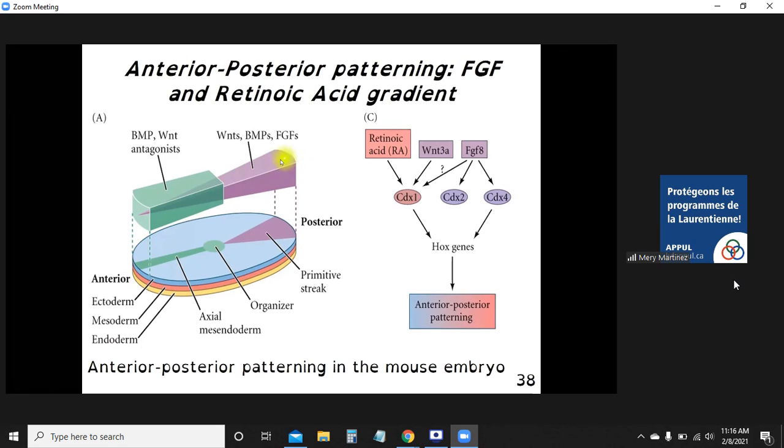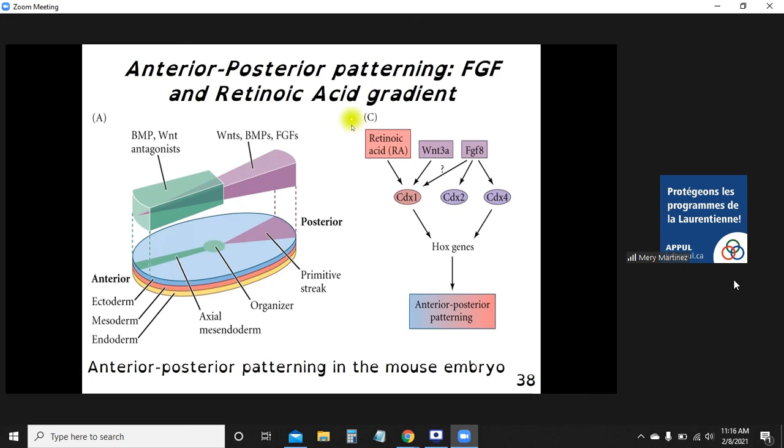And this is what the primitive streak and other posterior tissues are the source for these WNT and BMP proteins. So the organizer and its derivatives, the notochord, produce the antagonists in the anterior portion of the embryo. The cascade in here, we see normally that the FGF in the late gastrula has a gradient of increased retinoic acid, with retinoic acid levels being high in the posterior region.